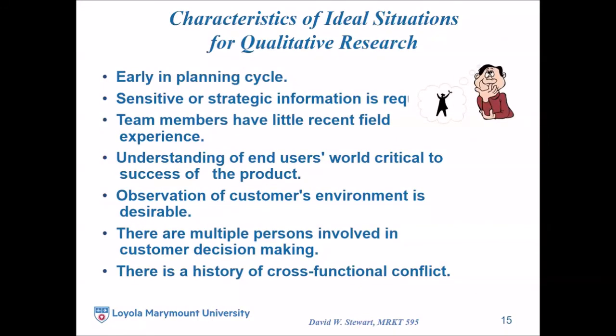As I've said, this is most useful early in the planning cycle, most useful when you want sensitive or strategic information. You might think people are much more willing to give sensitive information when they have an anonymous survey that they're filling out. It's not actually true. If you build rapport with people and they find that you're really interested, they will often share all kinds of things with you.